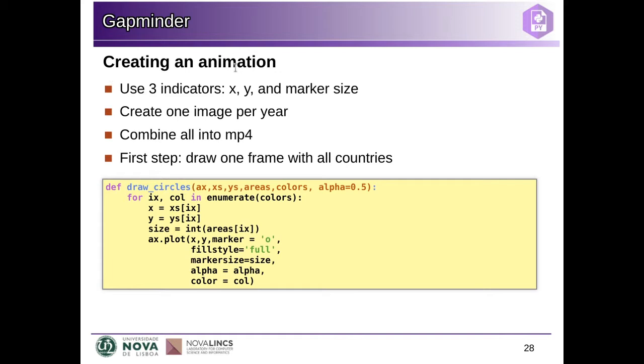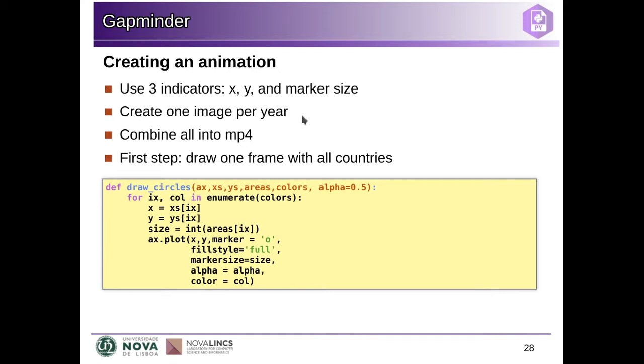We can use the X and Y coordinates for two indicators, and the third value can determine the size of the marker that we're using, because we won't be drawing a line, but just animating, moving the marker on the plot. We can do this by creating one image for every year, and then we have a hundred or so images on the drive. We just combine everything into a movie, and so we can create an animation like this.